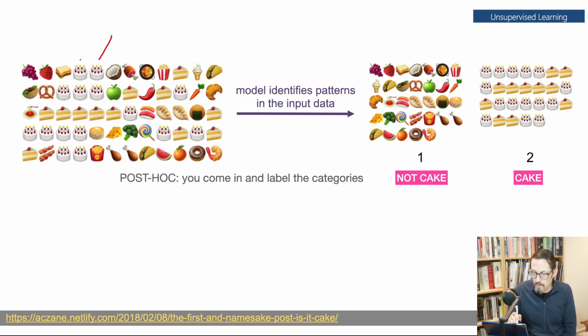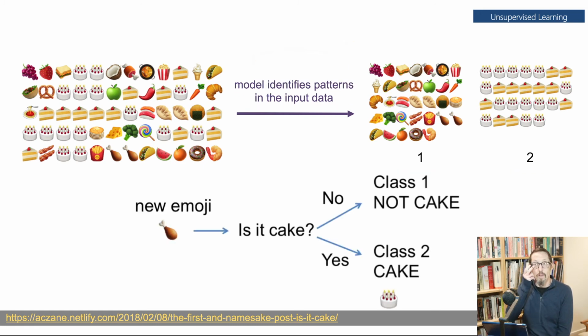If you did it over here, you said that was cake and this was not cake, then that would be supervised learning. That's not what we did. We threw the unlabeled data in, we got out clusters, and afterwards a human being labeled the clusters. Okay, so then in the end, you can take a new emoji, it comes in and you make a prediction. Is it cake or not cake?